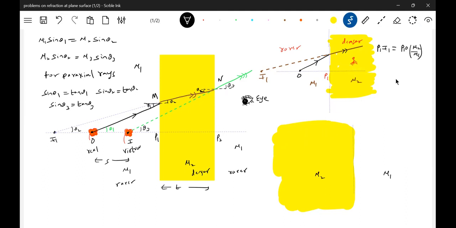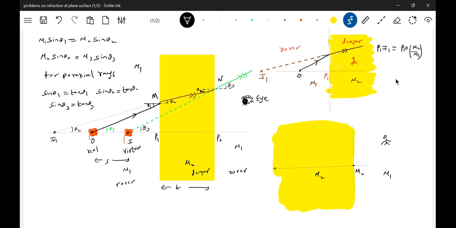So this is the human eye, or we'll take another person here. So this is M2. Where is the I1?